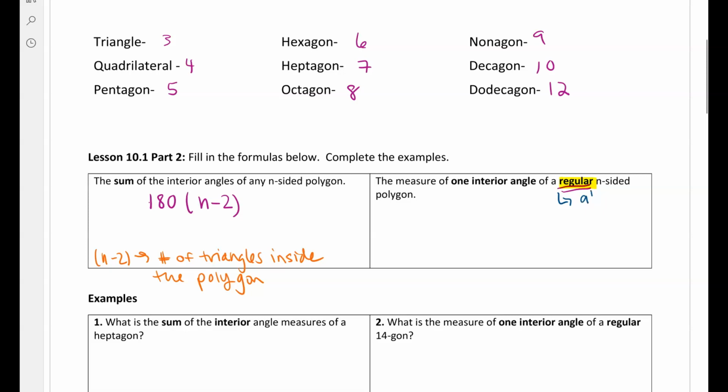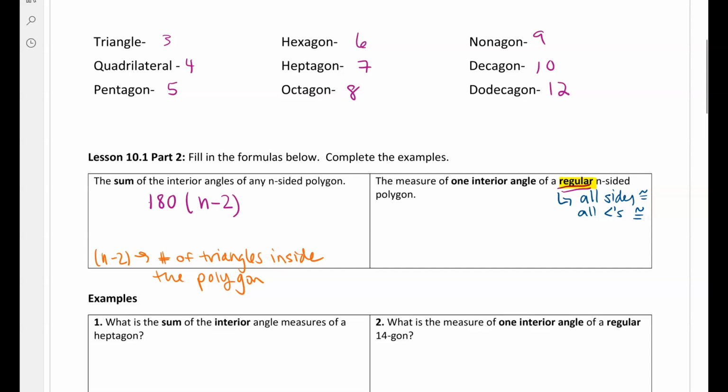So all sides are congruent and all angles are congruent. The regular polygon we've worked with a lot this year is the equilateral triangle. We know it's equiangular, meaning all the angles are congruent, and equilateral. We could use those words to describe other polygons too.